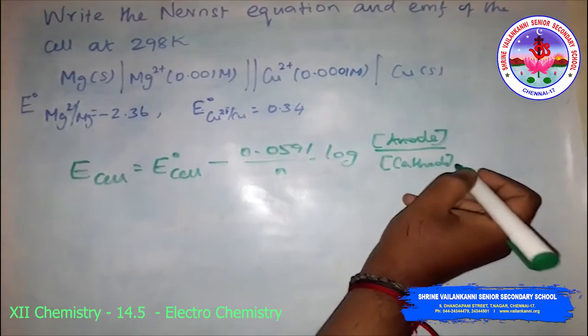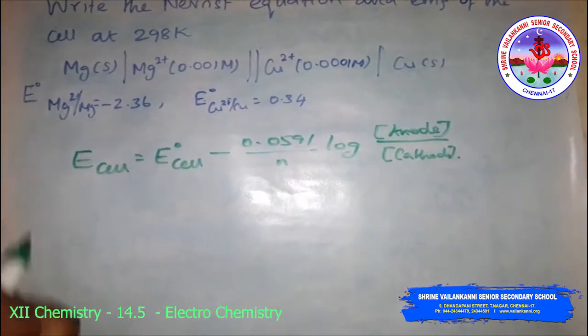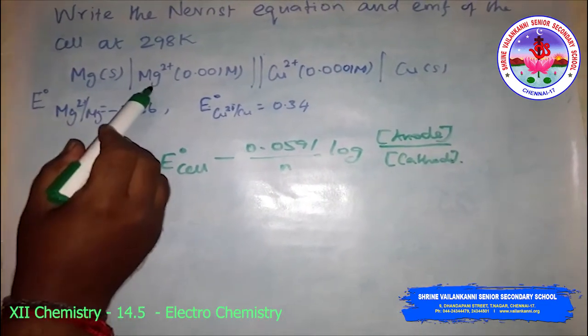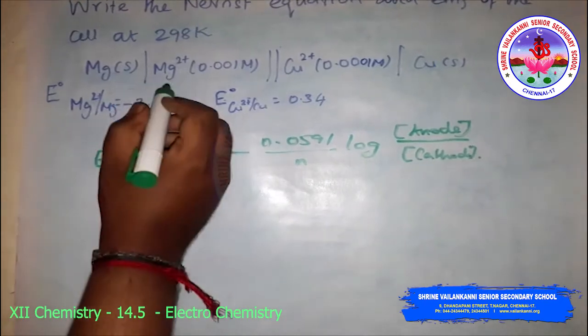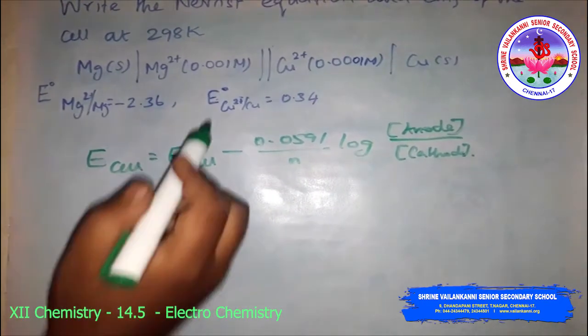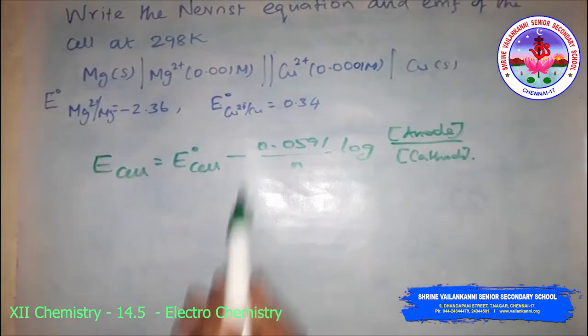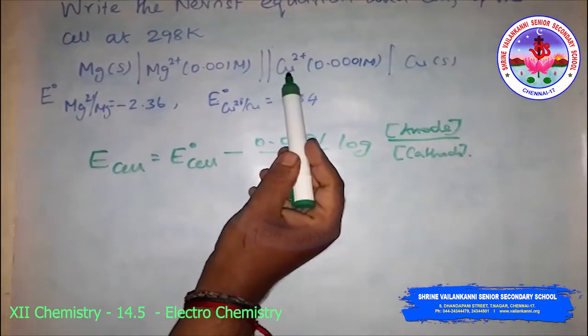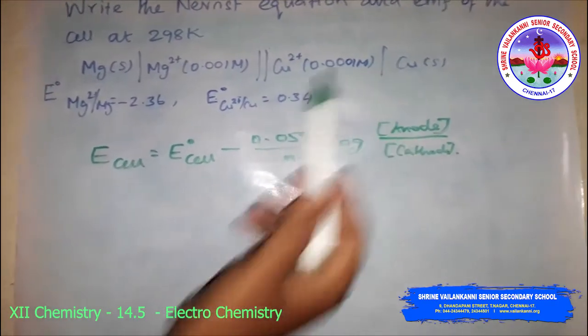So here, which is anode? Mg converts to Mg2+, so this is the anode. So Mg2+ is the anode, and the Cu2+ is the cathode because Cu2+ is reduced to Cu.